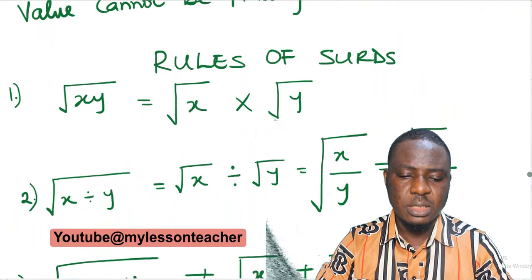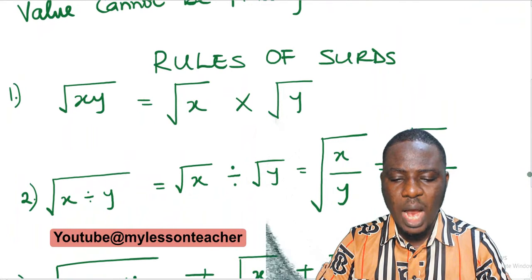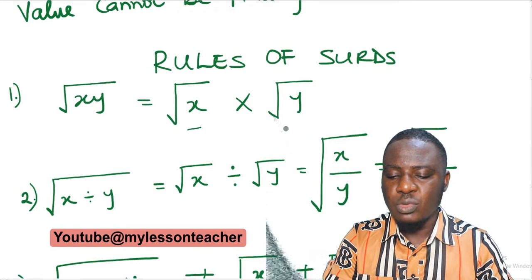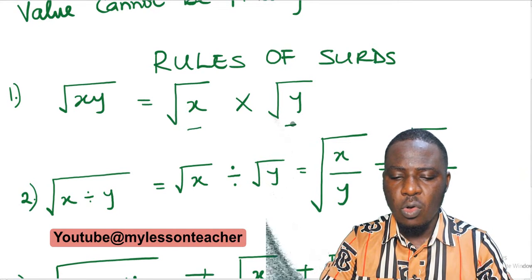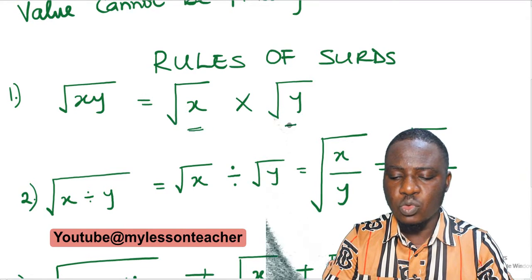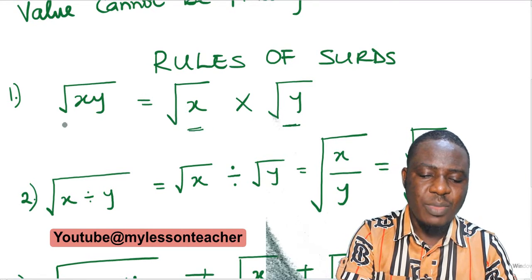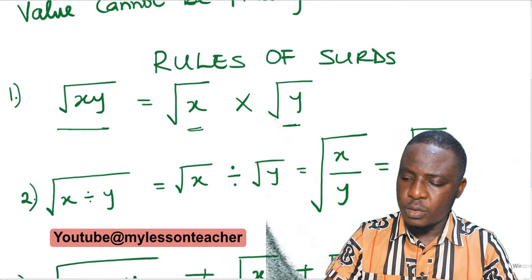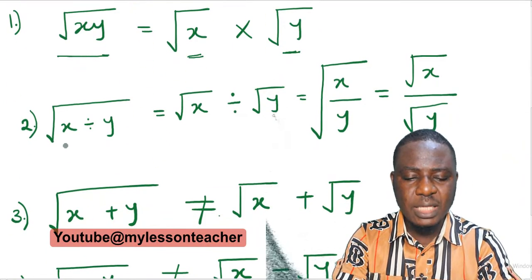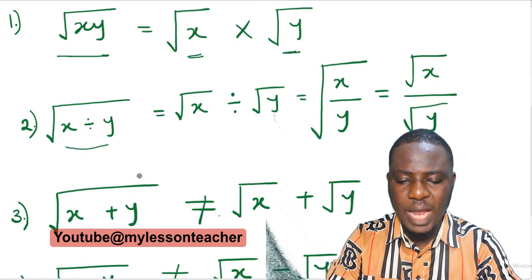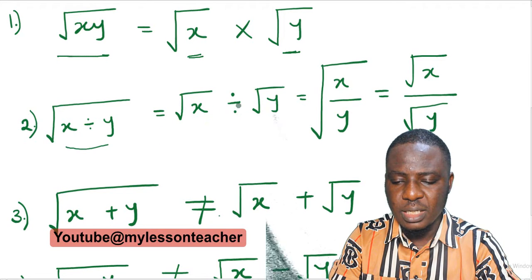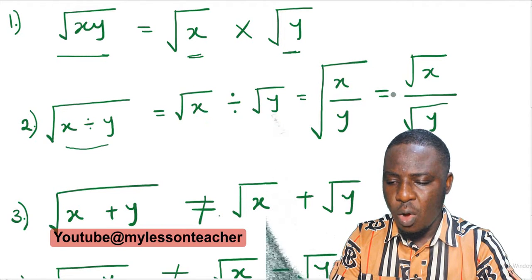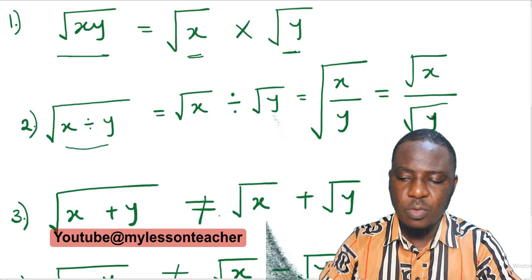The first rule says that root xy can be expressed as root x times root y, or you can say root x times root y can be expressed as root xy. 2, that root x divided by y is equal to root x divided by root y, which can be expressed as the square root of x over y, or root x divided by root y.